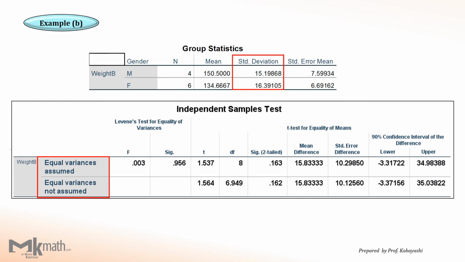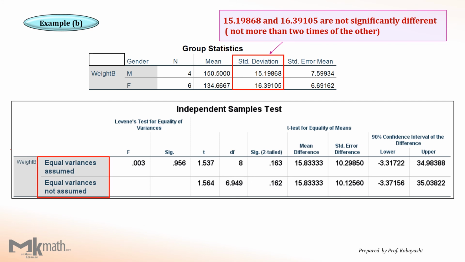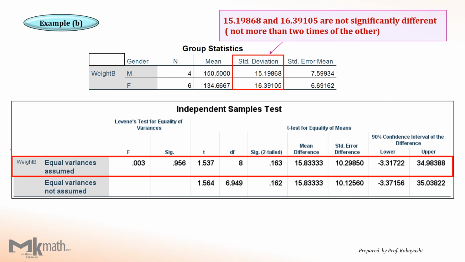Since variances are squared standard deviations, we are making use of the standard deviation to estimate whether variances are equal or not. So the one for male is 15.19868 and 16.39105 is for female. These are not significantly different. So therefore, we are using equal variances assumed.